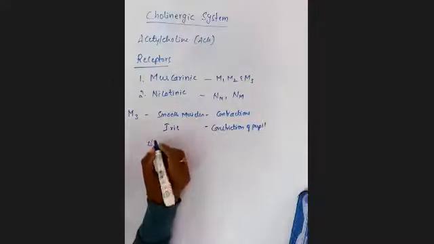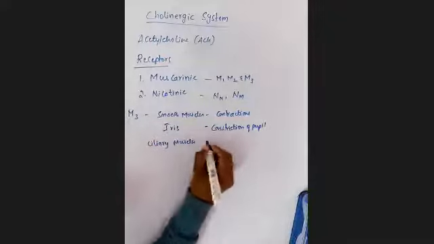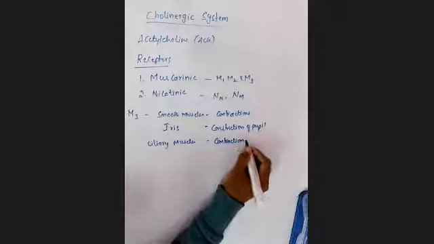It is also present in the iris of the eye, where it is useful for constriction of the pupil. It is also present in the ciliary muscles, useful for contraction of the ciliary muscles.